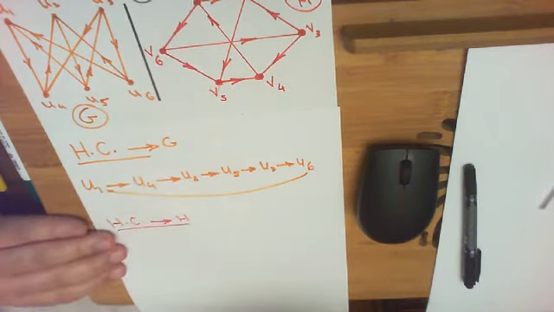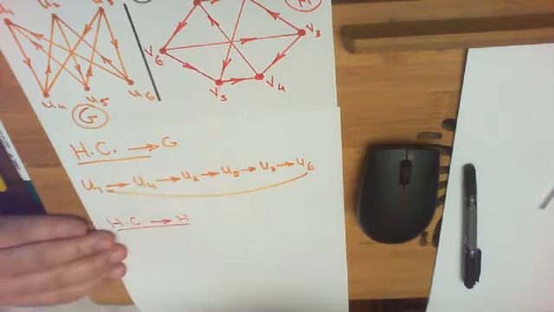Okay, V5. From V5, you have to go to V4. From V4, you can't go to V3, and you can't go back to V1 because you would not visit V6. So I can't follow this.